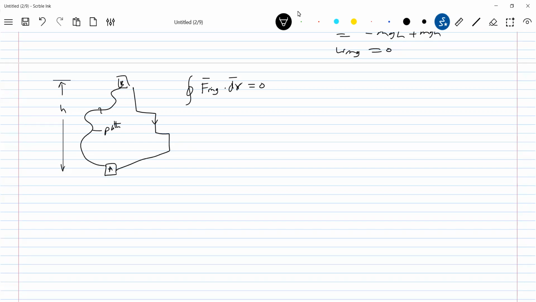Somebody asked a doubt. Yeah, carry on. Sir, assume a piston such that the pressure above the piston is greater than the pressure below the piston. Then due to the pressure difference, there will be some force exerted on the piston, right, sir?